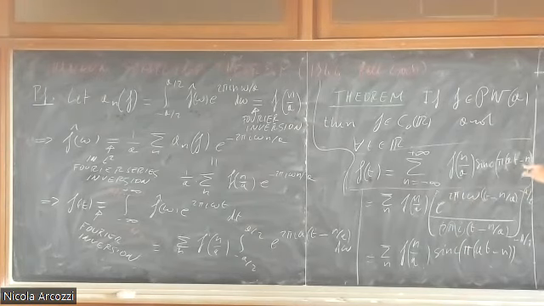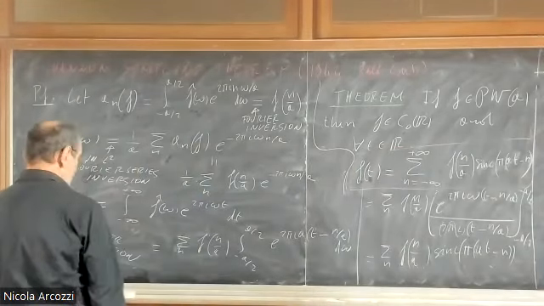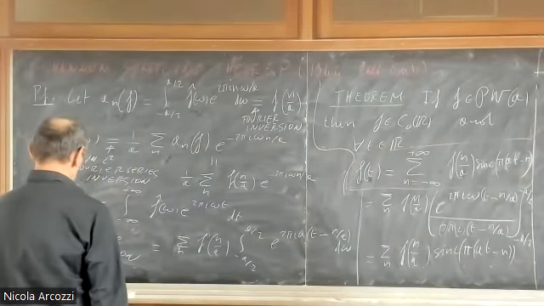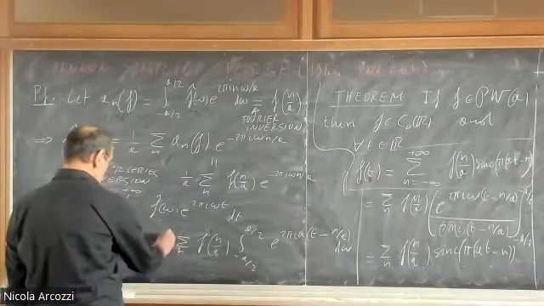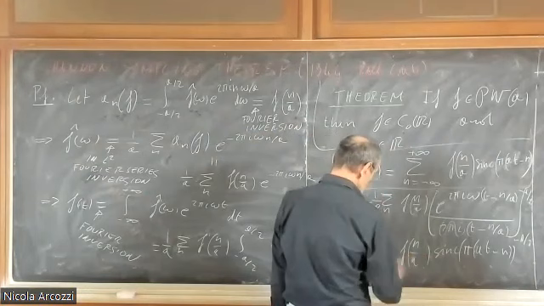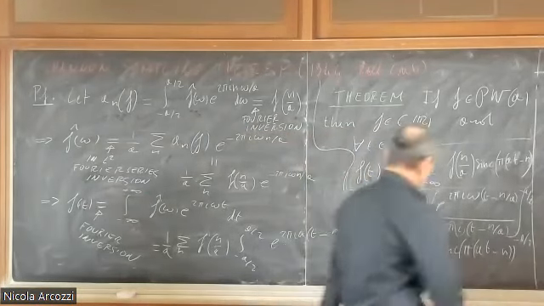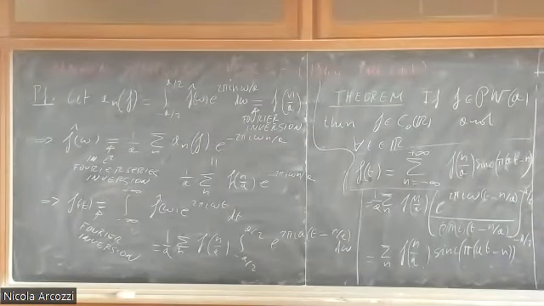Oh, I forgot the 1 over a, which is why I didn't get the right one. Okay, in the denominator I get pi times a times (t minus n over a).